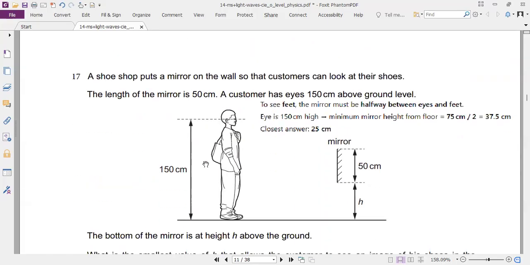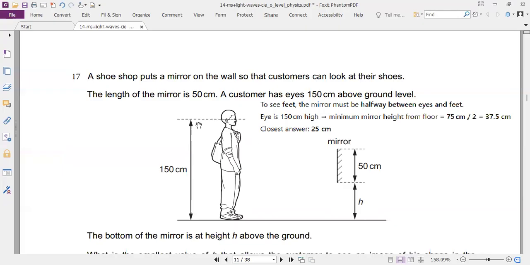Here, very tricky question. Read the question carefully. The length of the mirror is 50, and this length is h. The customer's height is 150, so his eyes are at 150. To see his feet in the mirror, he must be halfway between eyes and feet.